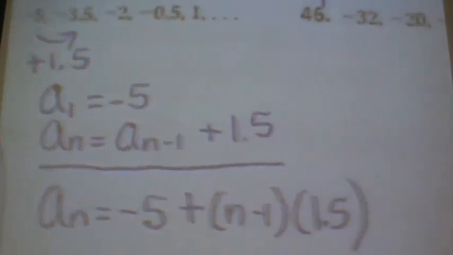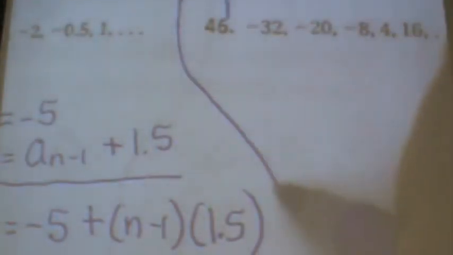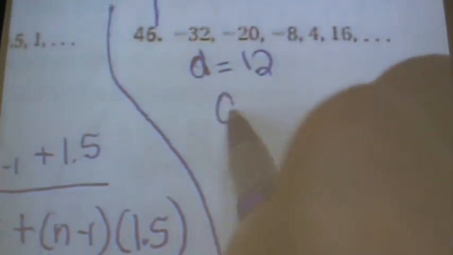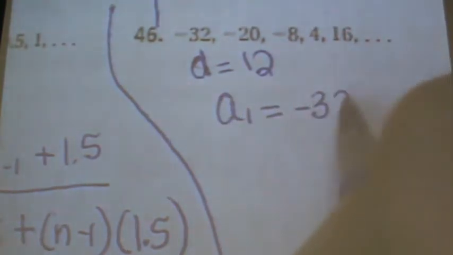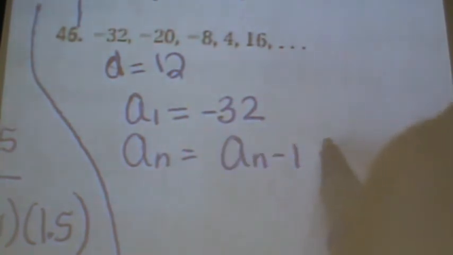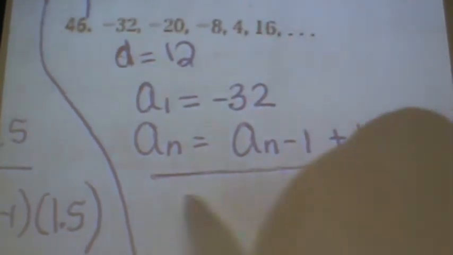And the last one, I know we have like a minute. How are you going from negative 32 to negative 20? Adding 12. Last one. A sub 1 is negative 32. Previous term plus 12. And what's your explicit?